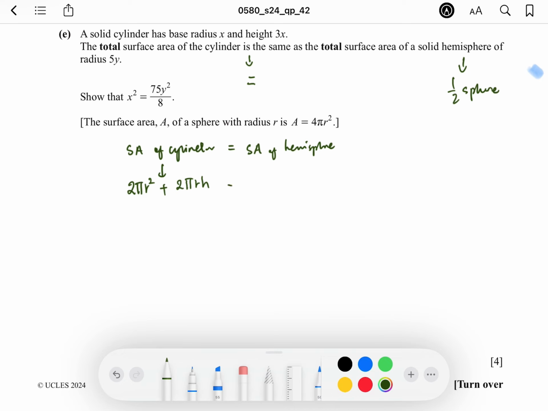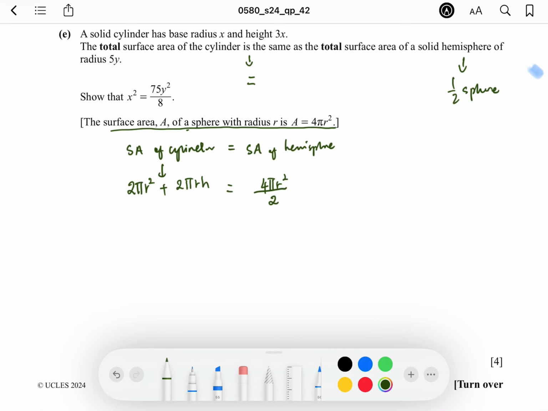Okay. Hemisphere. Ni dah dapat ni. Dibuka bukan dah dapat ni. Sebab tu cuba lihat dalam soalan, dia kena bagi surface area of a sphere is 4 pi r square. Artinya hemisphere is 4 pi r square over 2.